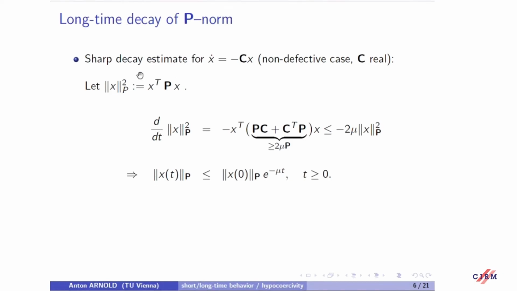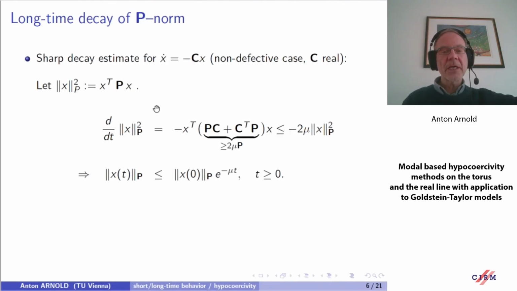So here is the Lyapunov functional, this modified norm with the matrix P in the middle. If you then differentiate this norm squared, then you get from the ODE one matrix C to the right and the transpose of it to the left. And then here in the middle, you see exactly the matrix combination that we have seen on the previous page.